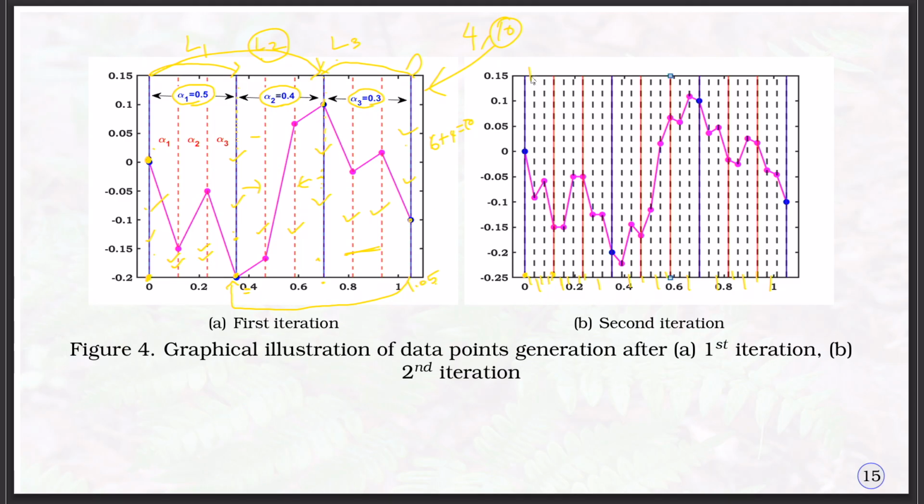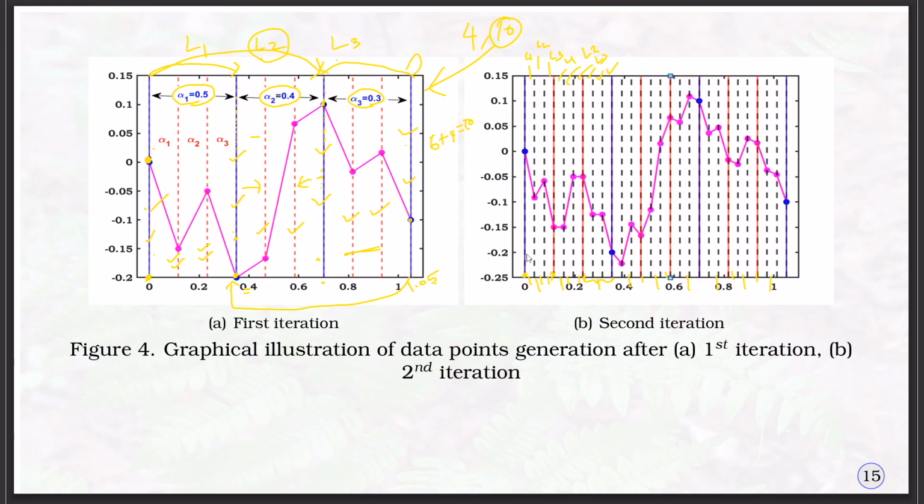Now, we need to apply L1 here, L2 here, L3 here, and similarly L1, L2, L3. So, in each sub interval, if you observe from the red to blue, there are 2 black dots. Between the black dots there are 3 gaps. So, in each of the 3 subintervals we need to apply L1, L2, L3. So, it will generate 2 new points.